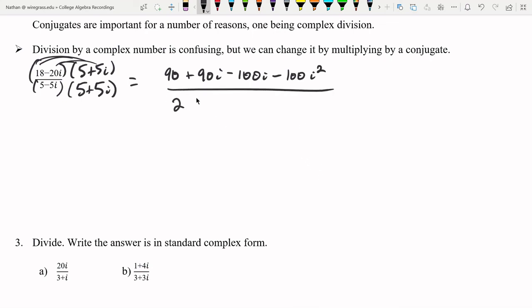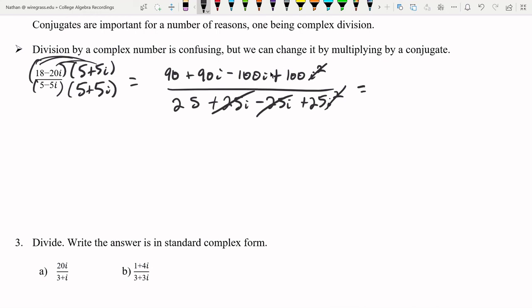On bottom we get 25 minus 25i plus, no, sorry, this is plus 25i minus 25i minus 25i squared. Okay, now I can combine like terms on top and bottom. I have those cancel. i squared is negative 1, so I can remove this and change it to a plus. The same thing on bottom here. Negative 25 times negative 1 is just positive 25.